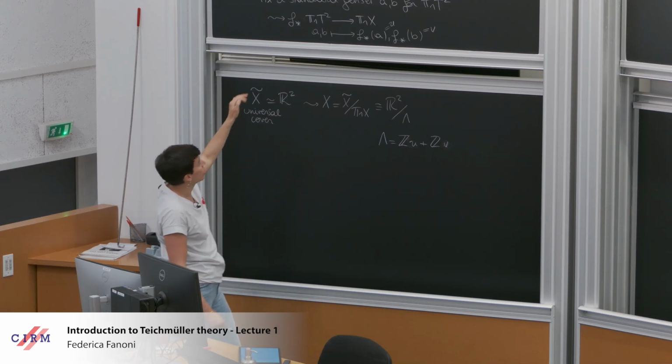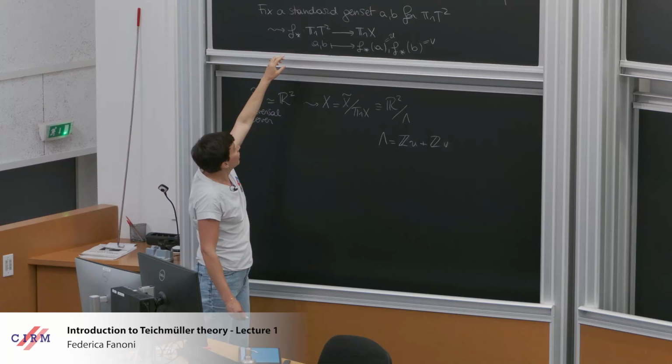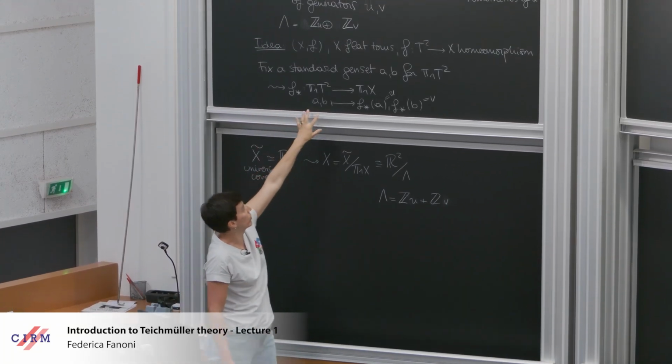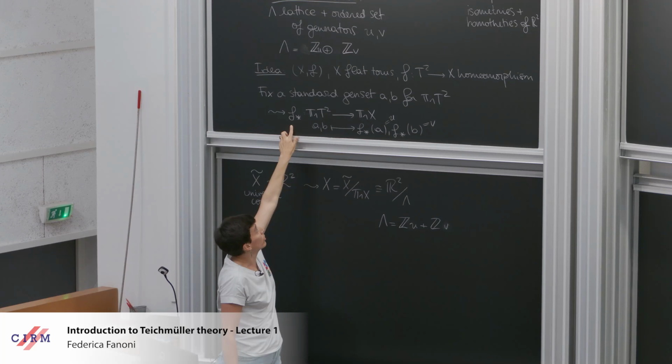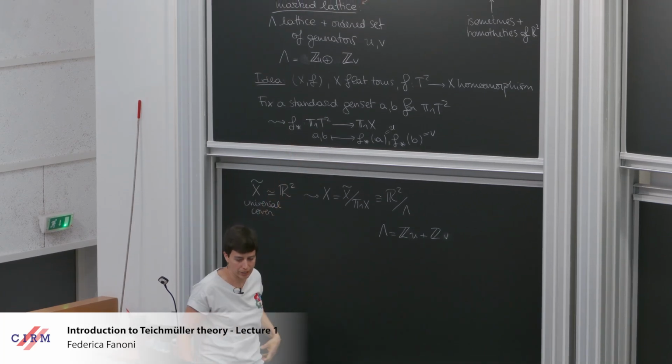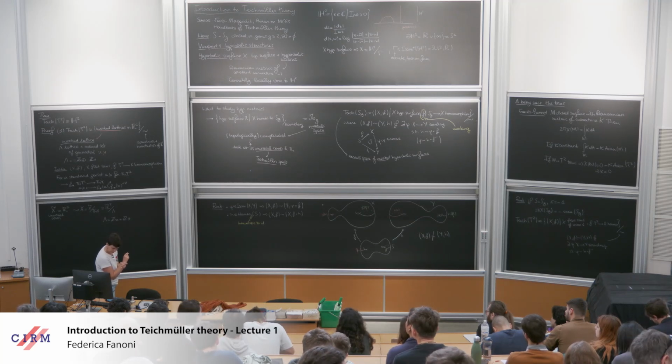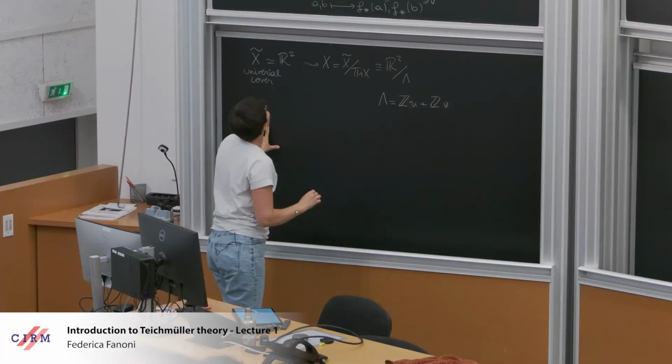The only thing essentially you need to show is that, from the fact that you know where the two generators A and B go, you can reconstruct a homeomorphism here. And I'm just going to assume it. Okay, this is one way.